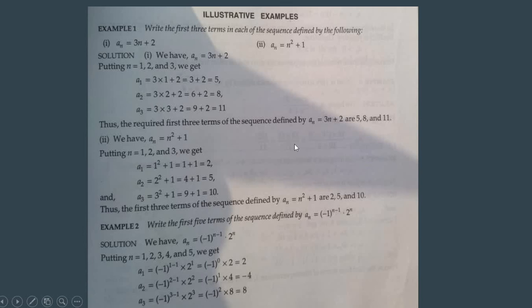We have some examples in which we are given a pattern that a sequence follows, and we have to calculate the first term or second term of the sequence. In the first example, the sequence follows the pattern 3n plus 2. For calculating the first term, we simply put 1 in the place of n.